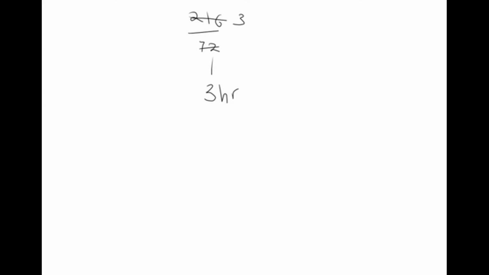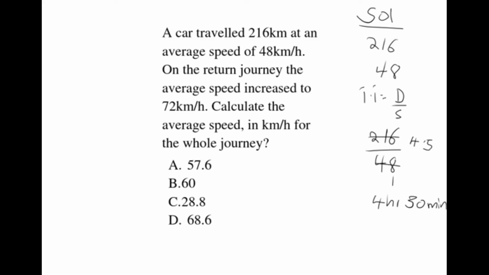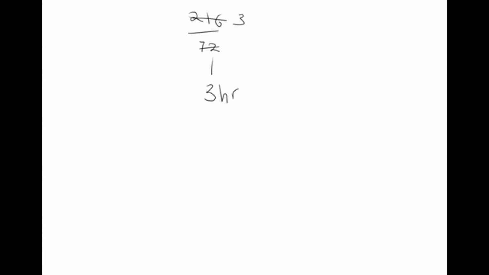Therefore, we are asked to give the average speed for the whole journey. One way is 216. Then he went back. That is 216 times 2. We get 432.